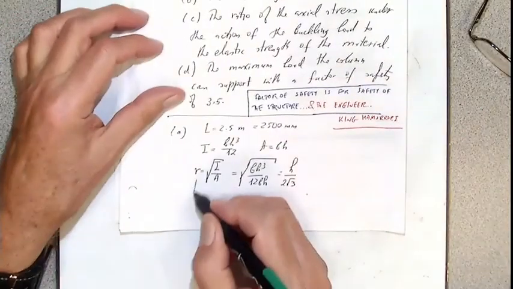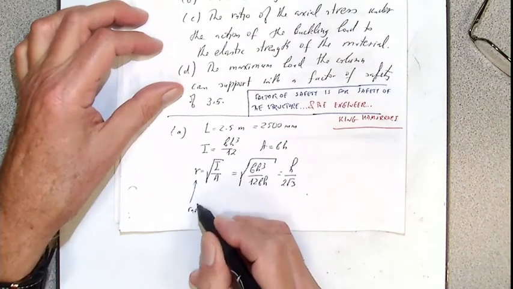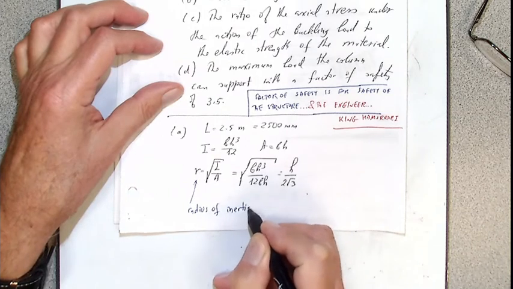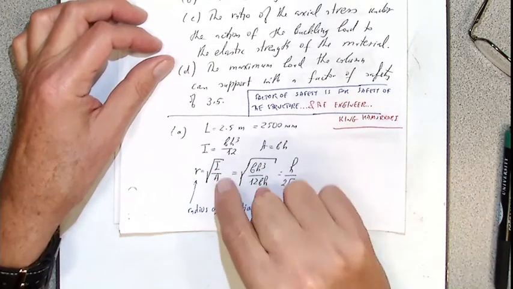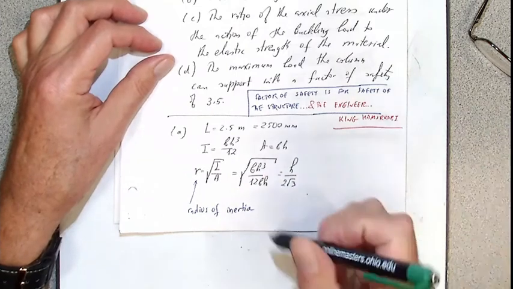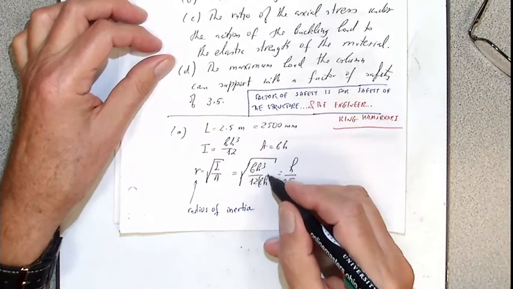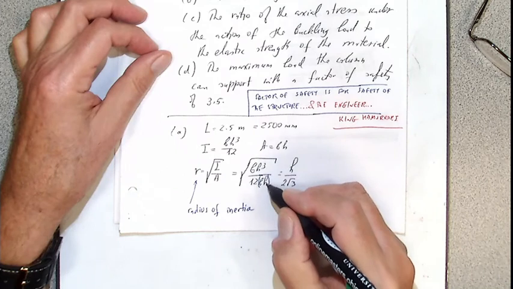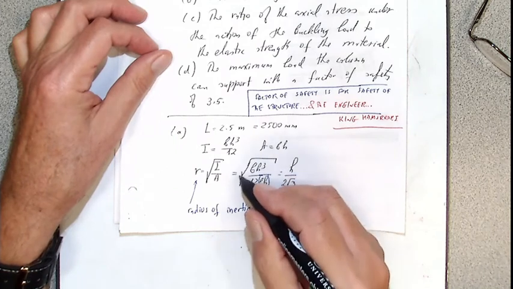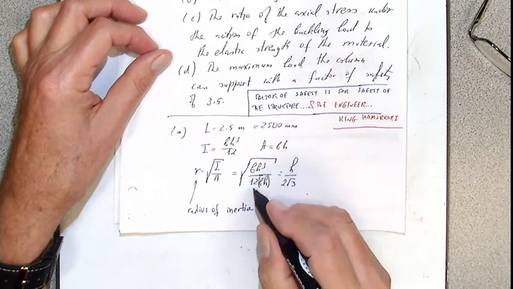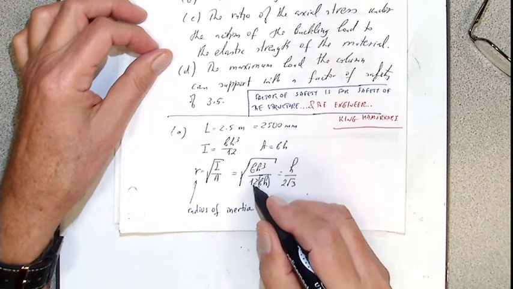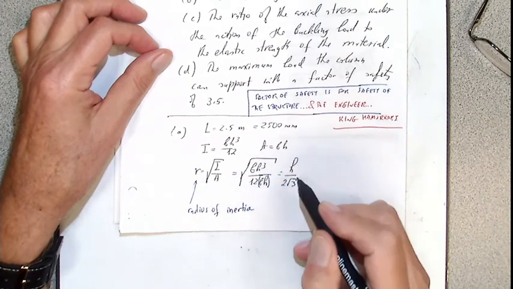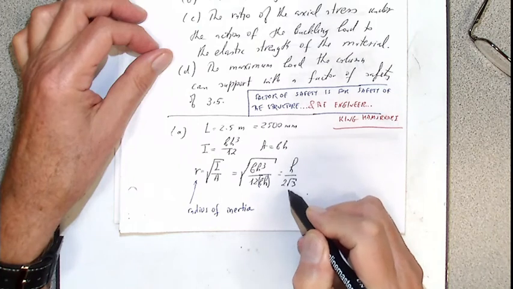Okay, so that is radius of inertia, square root of I over A. That is b h cubed over 12 divided by b h, that is A. b and b are canceling each other. We get h cubed divided by h will be h squared. Square root of h squared is h. So 12 equals 4 times 3. Square root of 4 is 2. Square root of 3 is staying here. So radius of inertia equals h divided by 2 square root of 3.